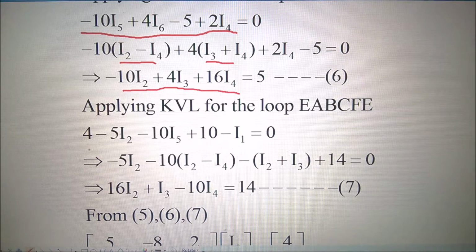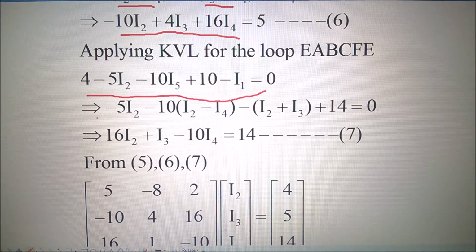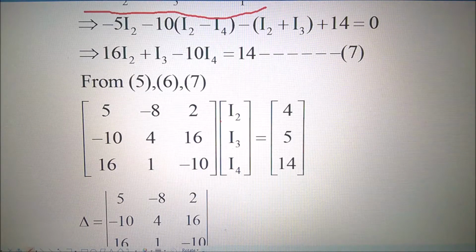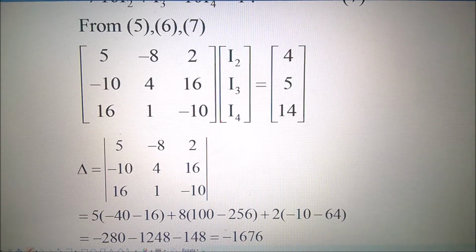Already I told you we'll replace I5 and I1 using equations number 1 and 2, and then we'll get equation number 7. Then we'll form the matrix, and after forming the matrix, we'll apply Cramer's rule to solve for I2, I3, and I4.